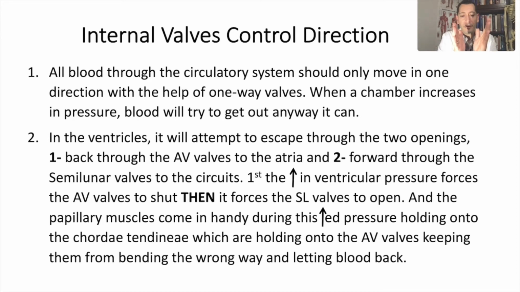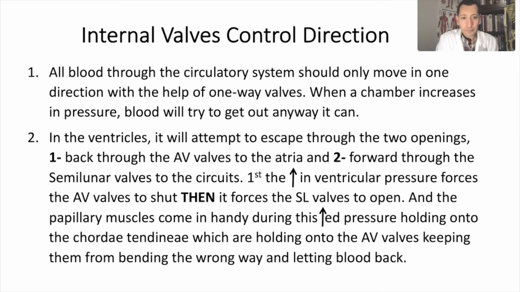So what happens first? The ventricles begin to contract, go into systole, ventricular systole. Then the atrioventricular valves shut. Then the ventricles continue to squeeze. Then finally those two semilunar valves open, allowing the blood finally to exit out of the ventricles.